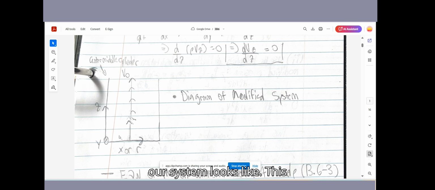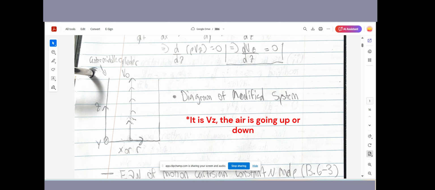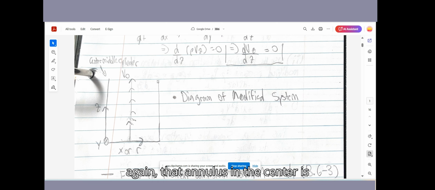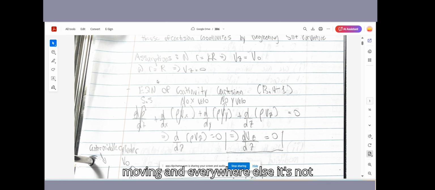This is r equals kR, and this is r equals big R. So at r equals kR, v equals v0, and at r equals big R, v equals 0, because the rod in the center is moving and everywhere else it's not moving.